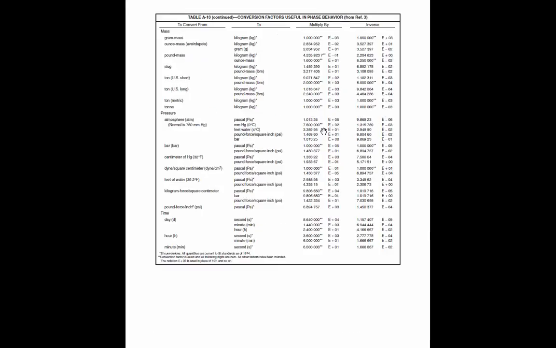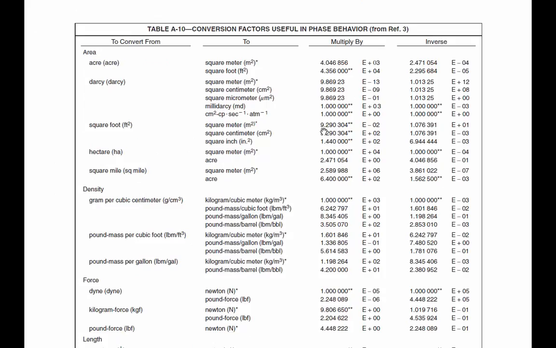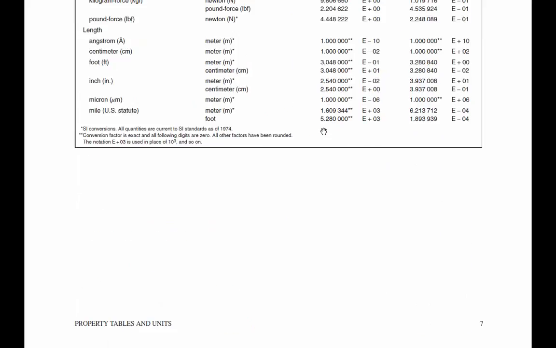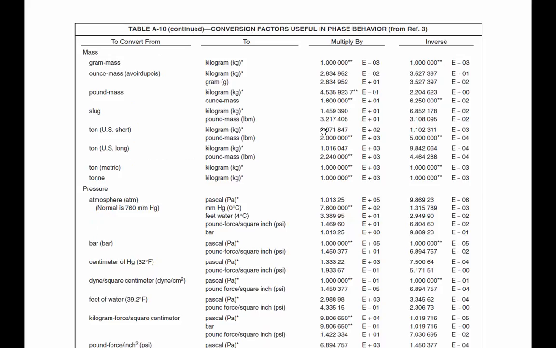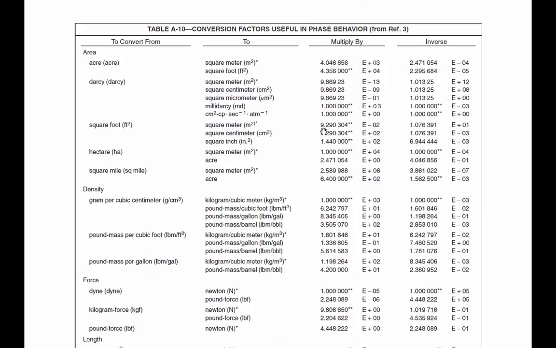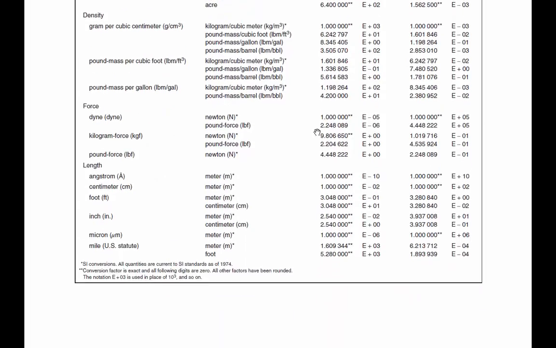Units. Mass, volume. Doesn't have volume.